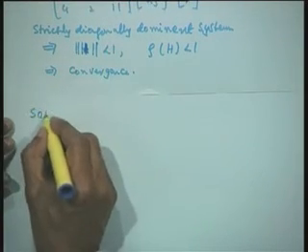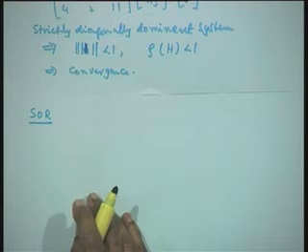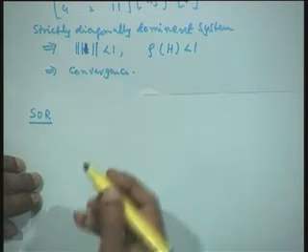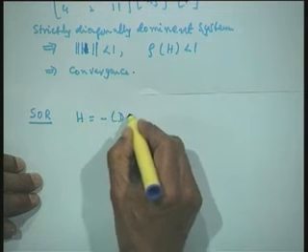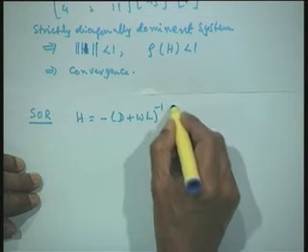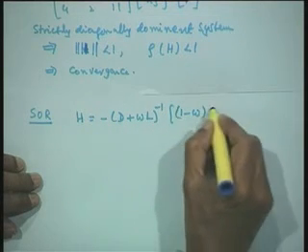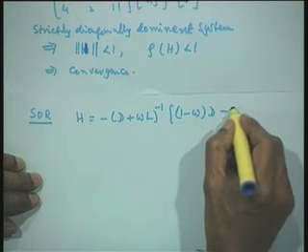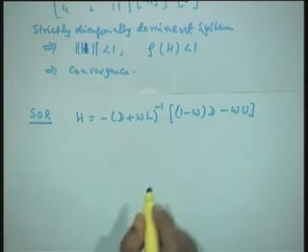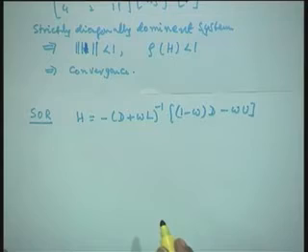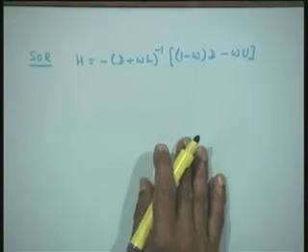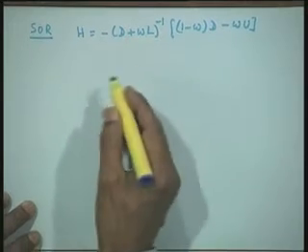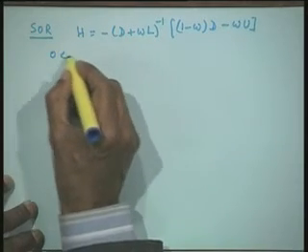Now, let us come to SOR. We mentioned that in the SOR the H was minus D plus omega L inverse, 1 minus omega into D minus omega U. We stated earlier that omega is the relaxation parameter and it lies between 0 and 2 in order that the SOR scheme converges.